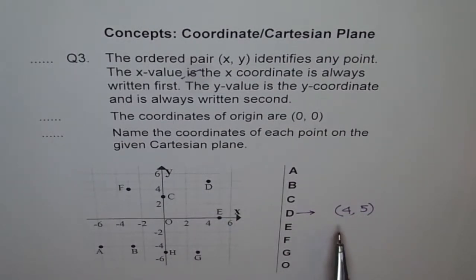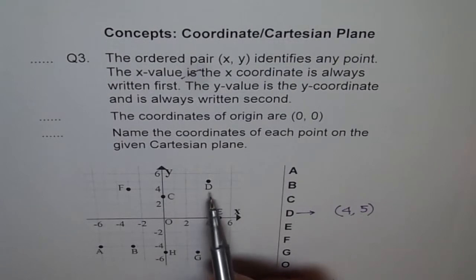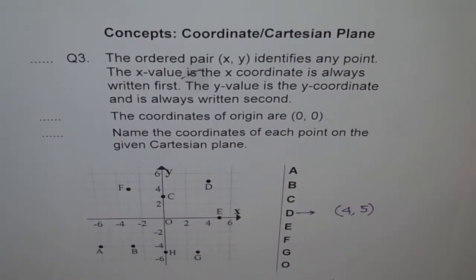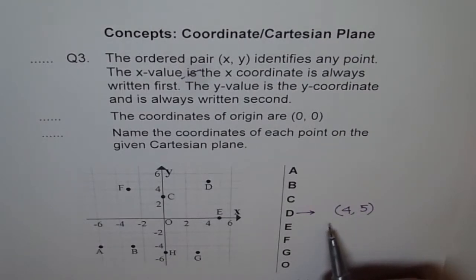So if I ask what point is at (4, 5), you will say 4 on the x-axis, then parallel to the y-axis, gives me point D. D is uniquely identified by this set, where this is the horizontal x coordinate and that is the vertical y coordinate.